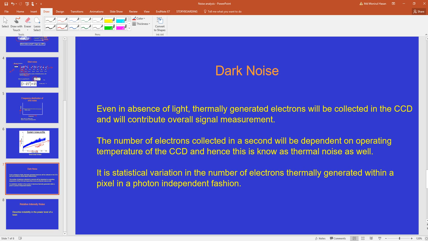That means even if you don't send any light from the laser, if you take data from your camera, you will see some fluctuation. That means the camera or the CCD will collect some photons. These photons are generated mainly from thermal fluctuation.